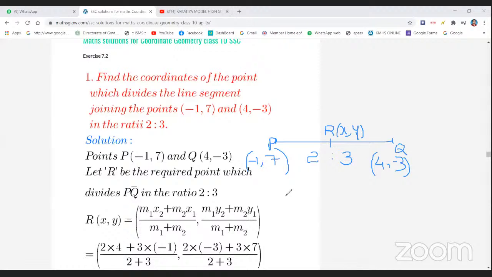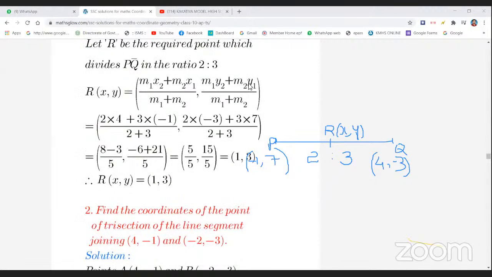R(x, y) is equal to, this is the formula. So M1 means 2, x2 is 4, plus M2 is 3, x1 is -1, by M1 plus M2, 2 plus 3, comma M1 2 into y2 -3 plus M2 3, y1 value is 7, by M1 plus M2 means 2 plus 3.